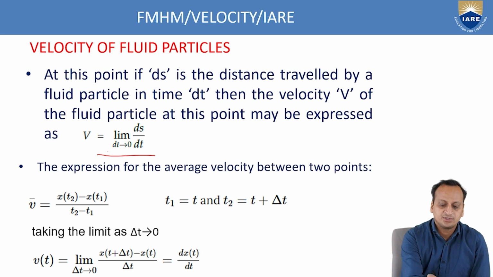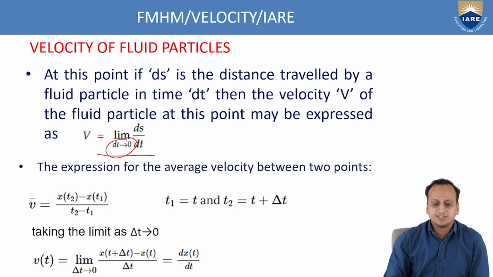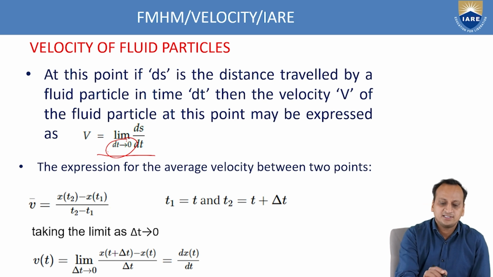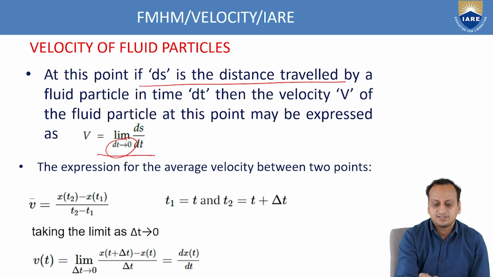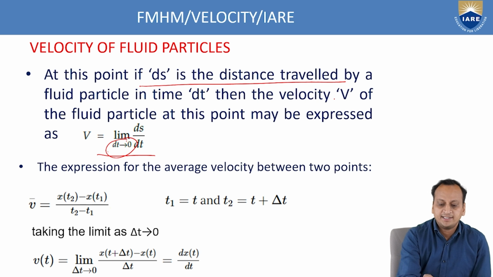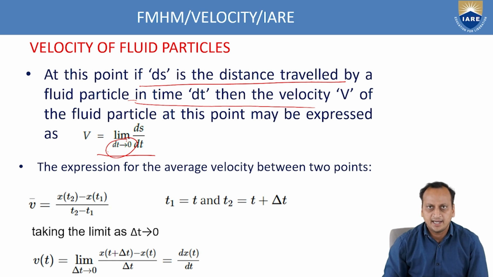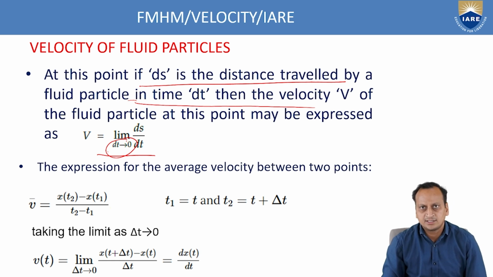The limit of ds over dt is the instantaneous velocity of a fluid particle, where ds is the distance traveled, otherwise a displacement, and dt is the time taken to travel from one point to another. So v equals the limit of ds over dt as dt, the elapsed time, approaches 0.